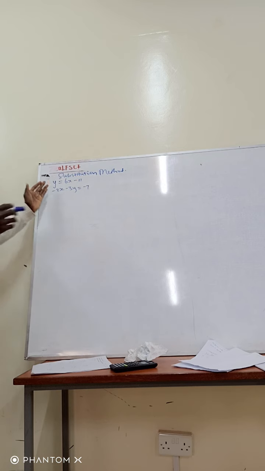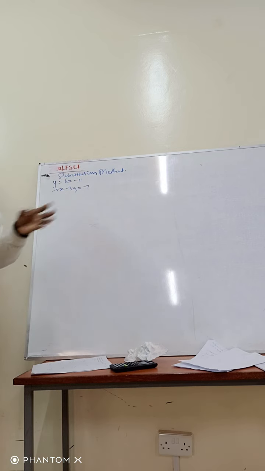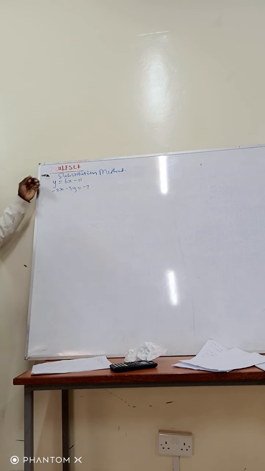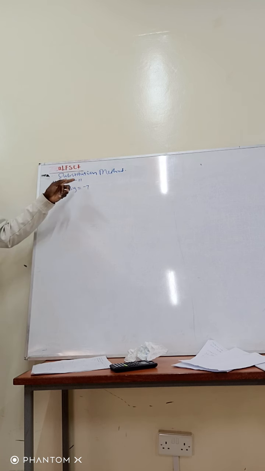Like, you take equation 1 and you solve, you take equation 2 and you solve. But with elimination, you are trying to eliminate one variable, x or y. But if you look at this equation now, it is not in the standard form for us to use the elimination method.